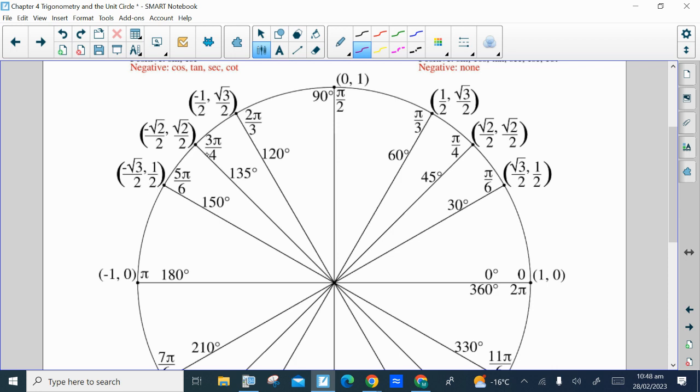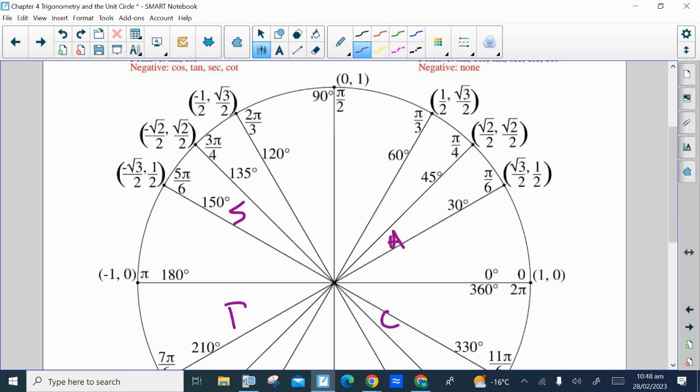The numbers for 3 pi on 4 come from the numbers for pi on 4, again with x negative, y positive. And same thing with the numbers for 2 pi on 3, which come from pi on 3 with the appropriate signs. This also reinforces the CAST rule.